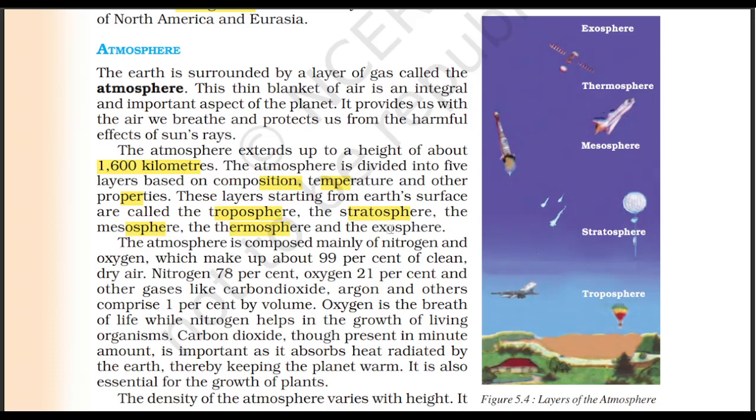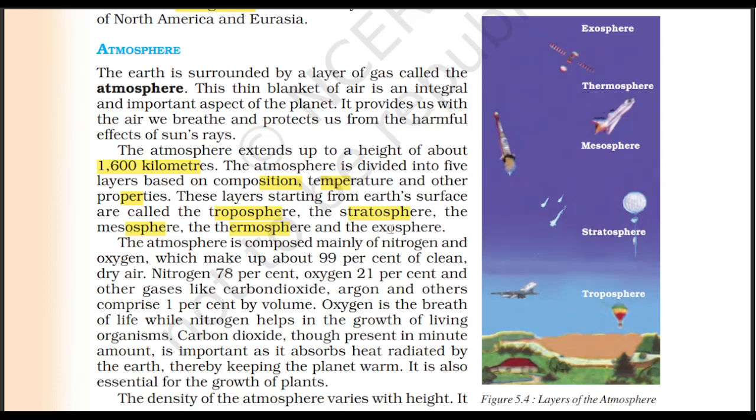The atmosphere is composed mainly of nitrogen and oxygen, which make up about 99% of clean dry air. Nitrogen 78%, oxygen 21%, and other gases, carbon dioxide, argon, comprise 1% by volume.